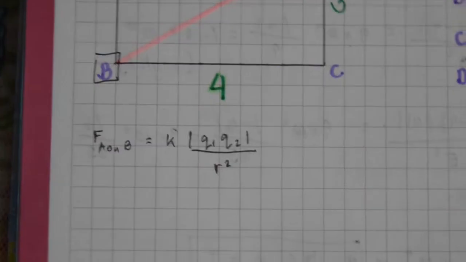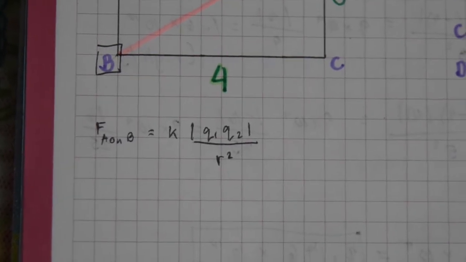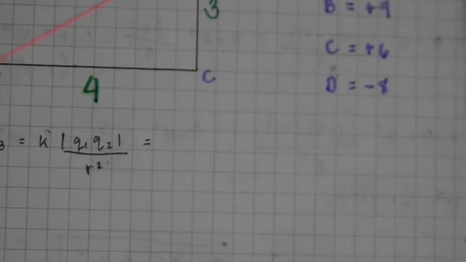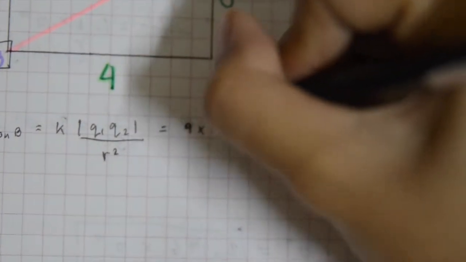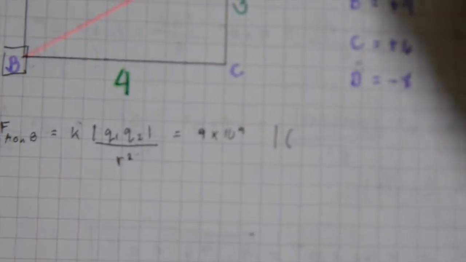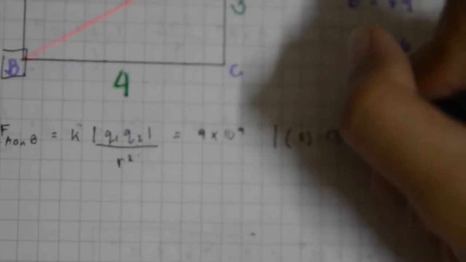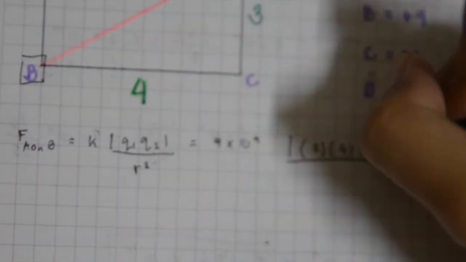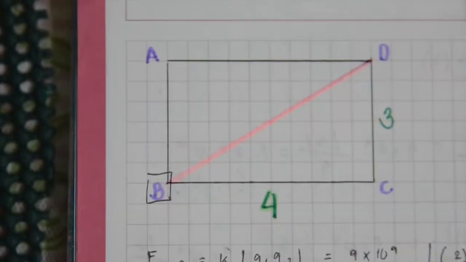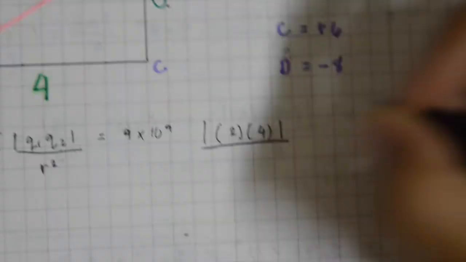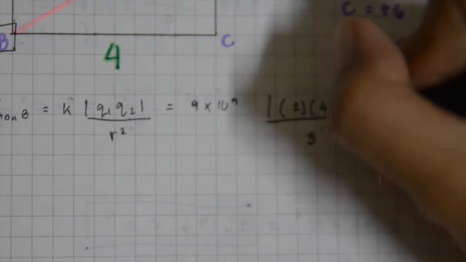Using Coulomb's law formula, we have K, Q1, Q2 over R squared. Let's input values, and we'll get 9 times 10 to the 9, Q1 A, that's 2, then Q2 B, that's 4, all over the distance between A and B, which is 3, so 3 squared.